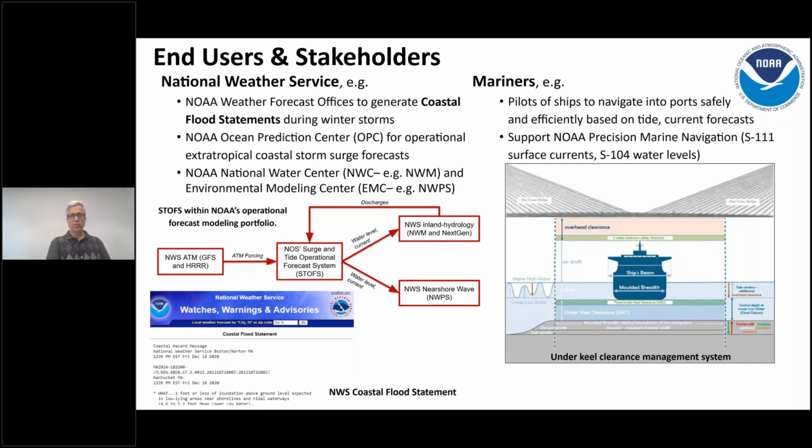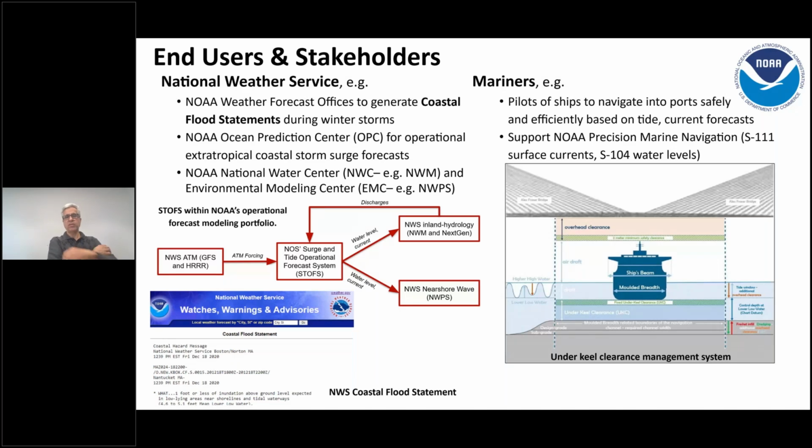Yeah, so before handing it over to Atia, I just also want to acknowledge the two main end users and stakeholders. On the left-hand side, National Weather Service, we are supporting different offices and different parts of the organization, in particular weather forecast offices for generating their coastal flood statements during winter storms, as well as providing boundary conditions and forcing information to National Water Center modeling, as well as EMC, for instance, for the nearshore wave prediction system.